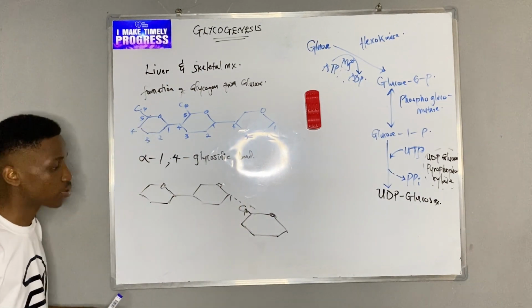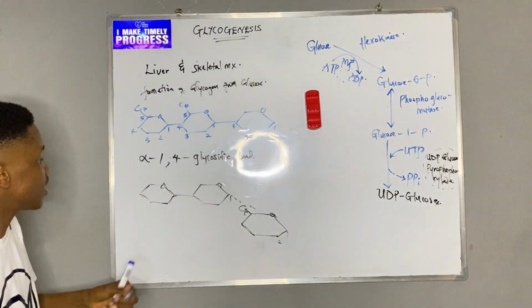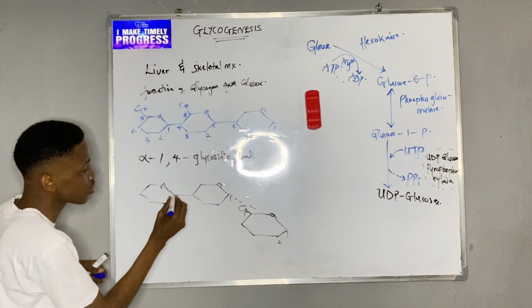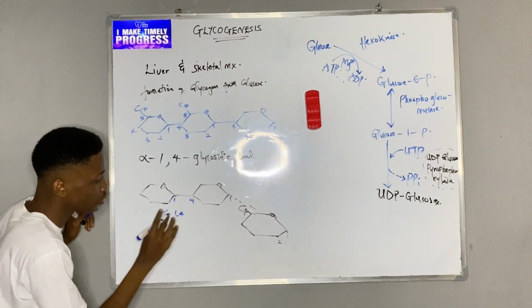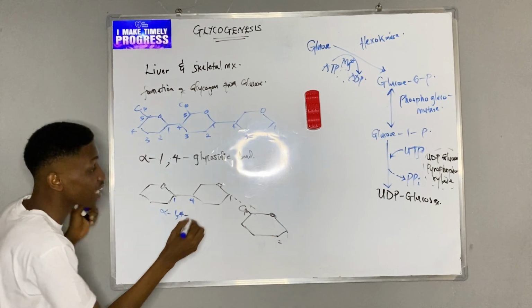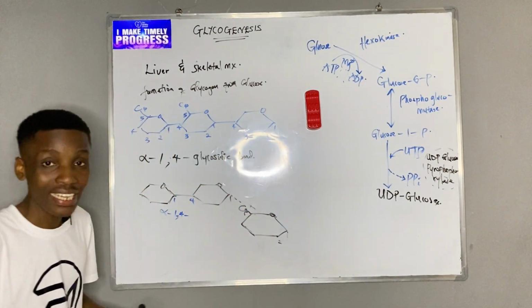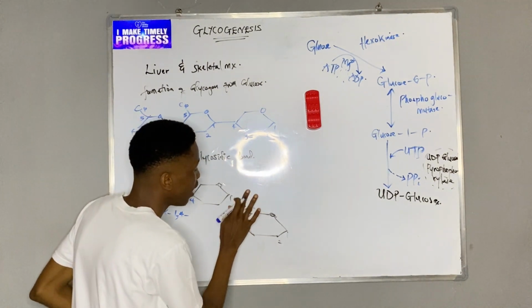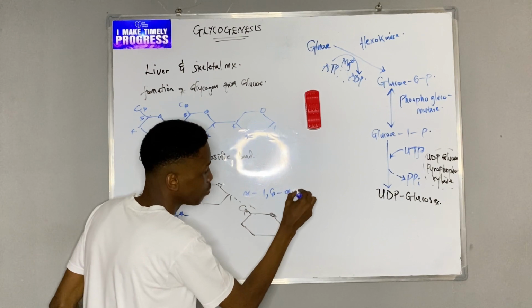So I will have a bond between, so of course this should still be my 1, 2 and the likes. Now, if you see in this, between this guy and this is number 1, this is number 4. So this is an alpha 1, 4 glycosidic bond. Whereas when I come in, any place of branching is represented as alpha 1, 6 glycosidic bond.